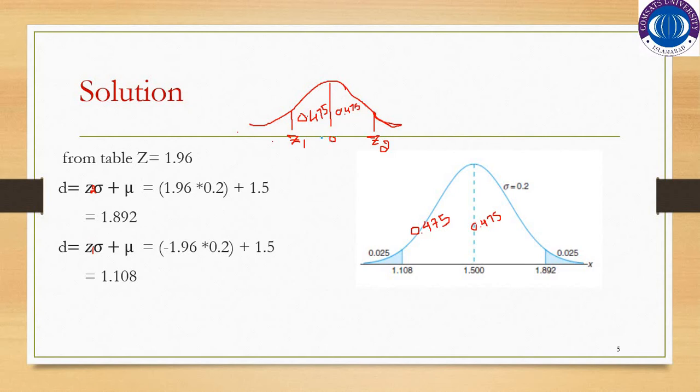So area between mean to some specific value, let's suppose this is Z1 and this is Z2, as now we are in standard normal distribution, as we have indicated mean 0 here. Here we have the mean 1.50, which means we are not in standard normal distribution. We are not dealing with standard normal distribution in this graph, but here I have mentioned 0, which means this is standard normal distribution.